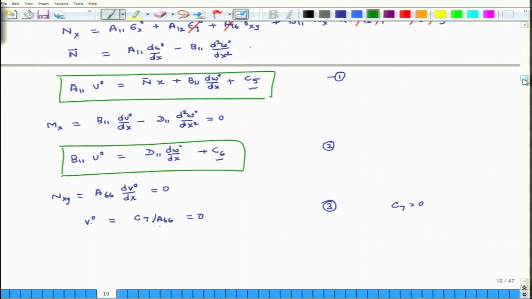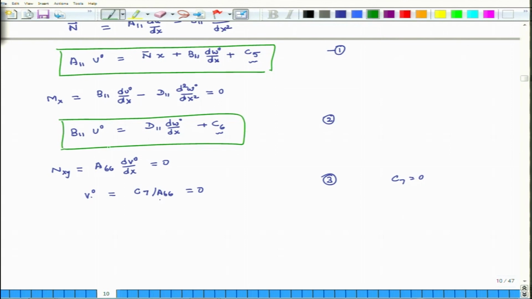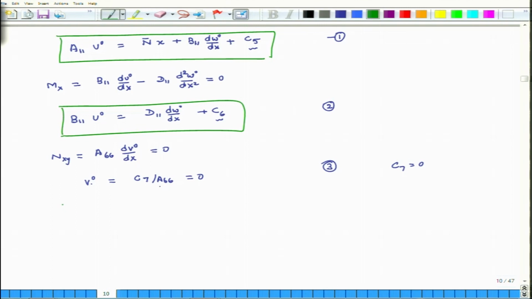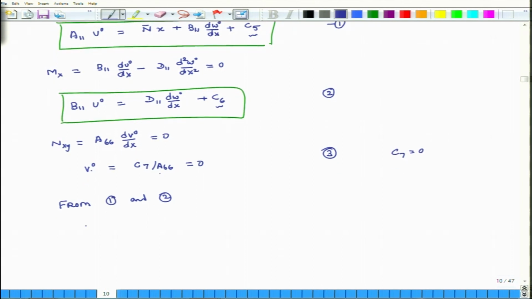If I solve for dw naught over dx from equations 1 and 2, basically if I put the value of u naught from equation 1 into the other equation, what I get is (B11 dw naught over dx plus C5 plus N bar x) times 1 over A11 is equal to (D11 dw naught over dx plus C6) times 1 over B11.